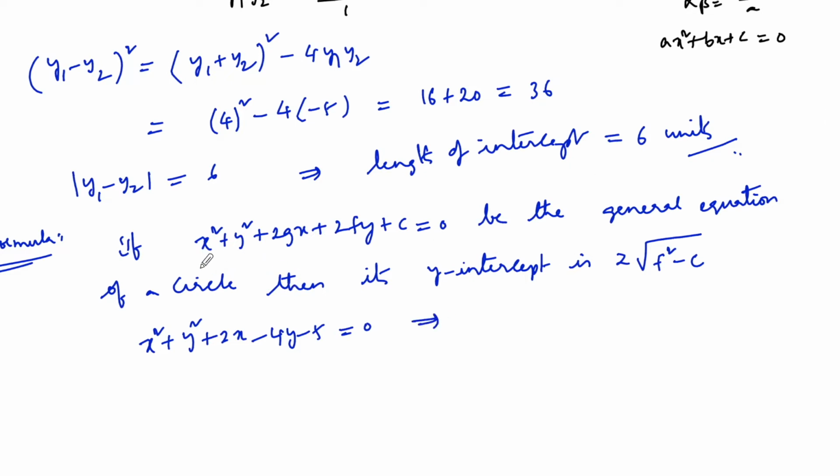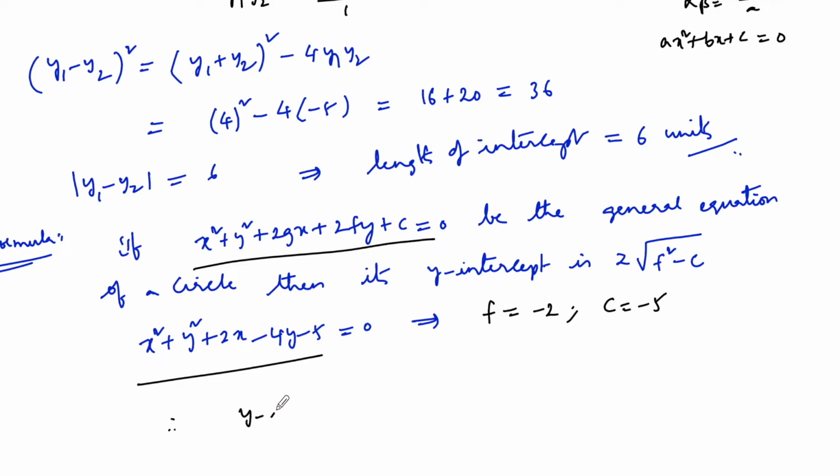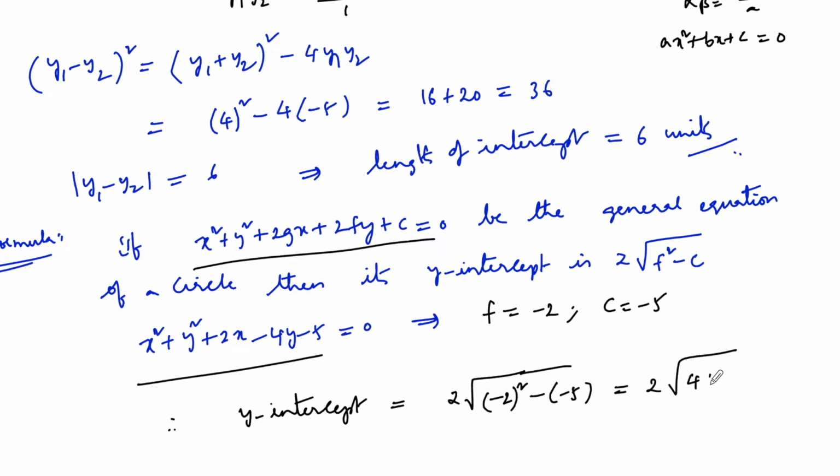When comparing these two equations, we have f equal to minus 2, because 2f is negative 4, so f is equal to minus 2, and c is equal to minus 5. Therefore, the y-intercept is equal to 2 root of f square minus c, that is minus 2 whole square minus of minus 5, that is 2 root of 4 plus 5, that is 2 root 9.